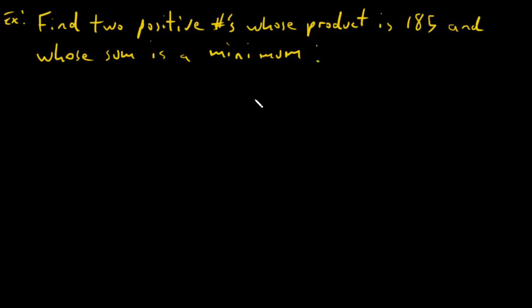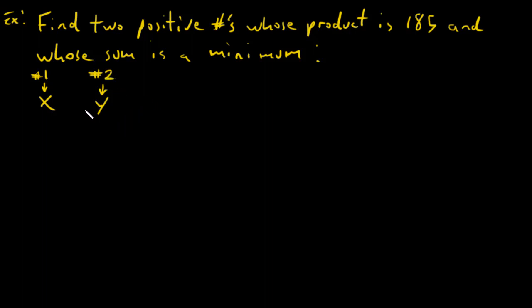So, what I'm going to try to do is find the minimum of the expression that will encompass. I have two numbers that are positive, that when I multiply them together, I get 185, and when I add them together, I get some minimum value. Okay? Let's take these one at a time. So I've got two things I need to think about here. I've got two positive numbers. Well, first off, I'm going to make x equal to the first number, number 1, and y is going to be my second number, number 2.